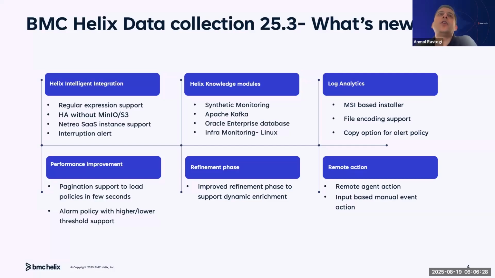Also, along with that, now we have an on-prem HA gateway that no longer requires the community version of MinIO or S3 storage. Prior to 25.3, customers setting up an on-prem gateway for HA capabilities required either Amazon S3 or the community-based MinIO version. We realized that customers would need to spend money purchasing these entitlements from a third-party vendor.